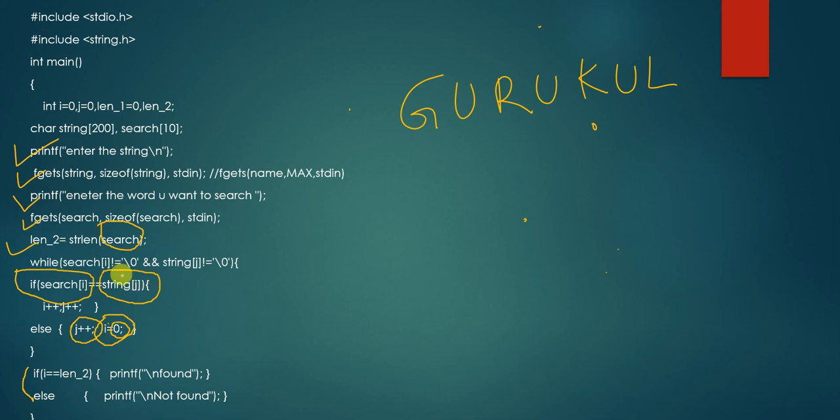Okay, so now next, see, till where you want to increment I and j. For I you want to increment till the end of the substring, and for the main string also, you want to loop till the end of the characters. That is what I have mentioned here. You should have one condition, right?